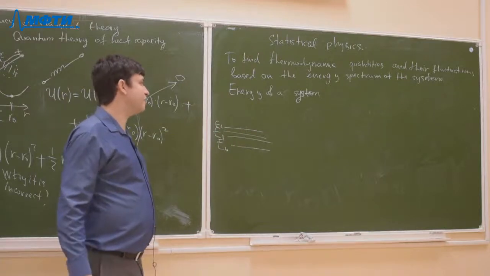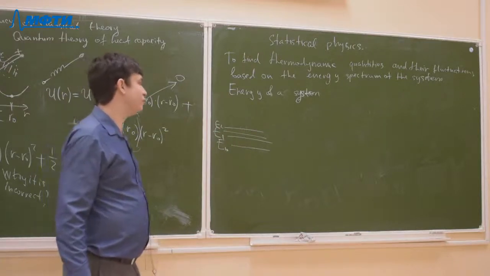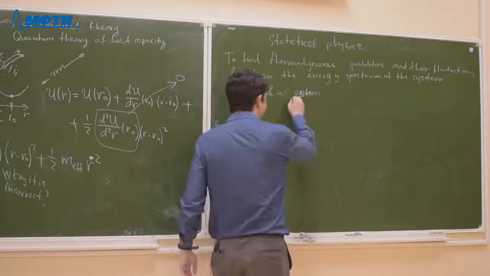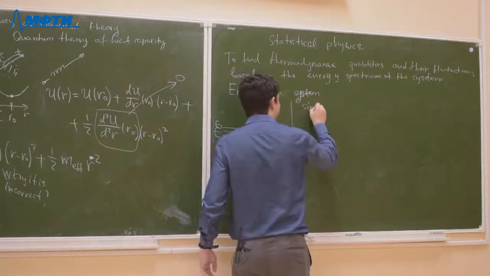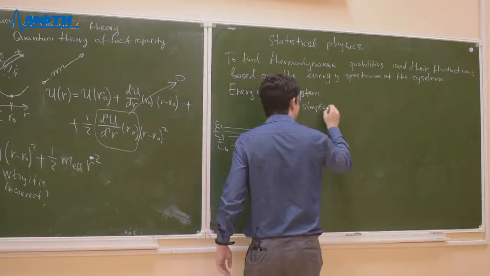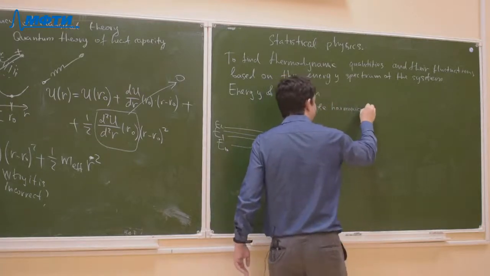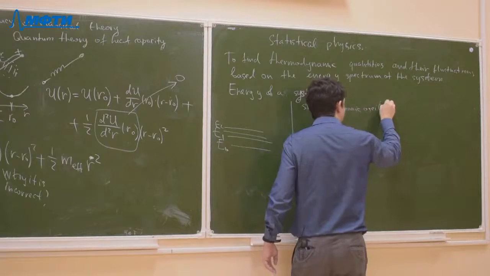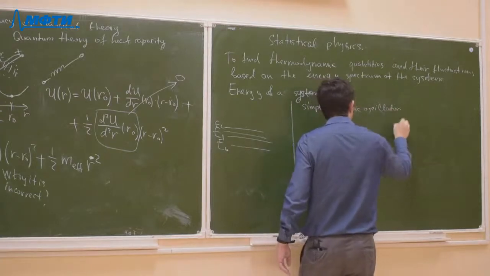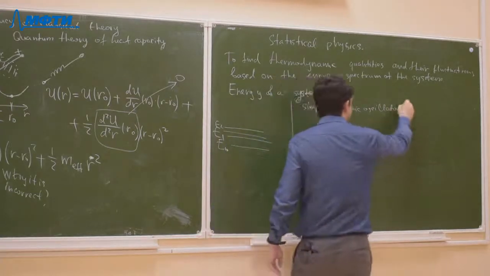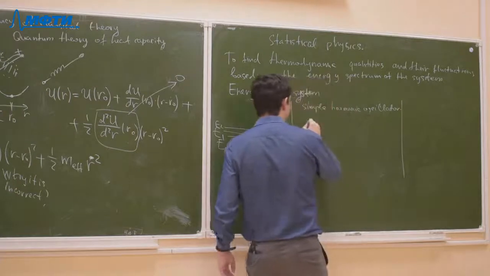If you want an example of such a system, then a simple harmonic oscillator will do. So for a simple harmonic oscillator, we have energy levels with the following energies.